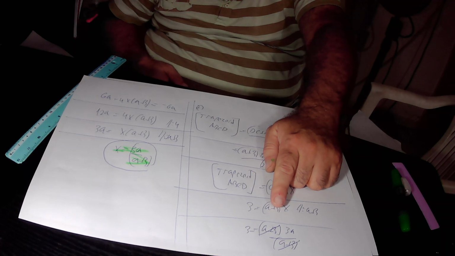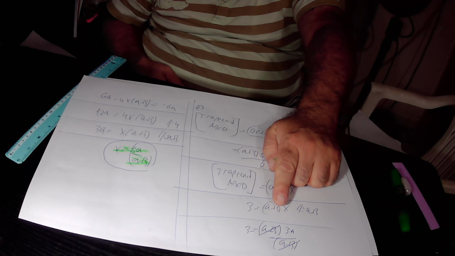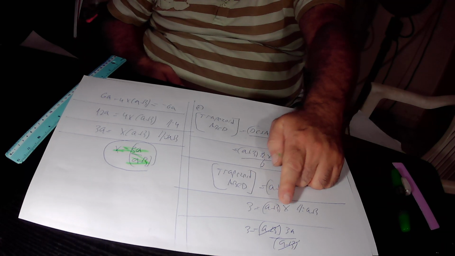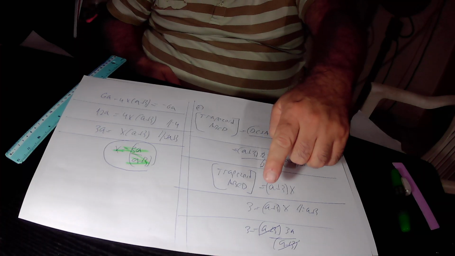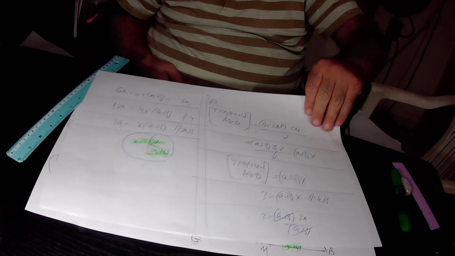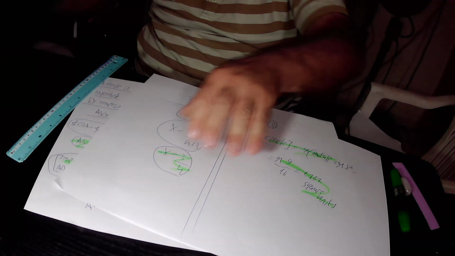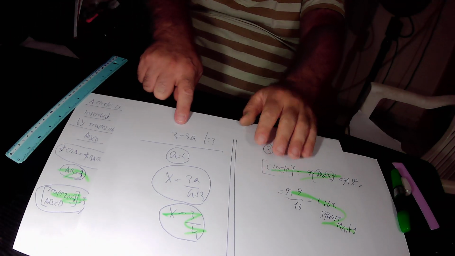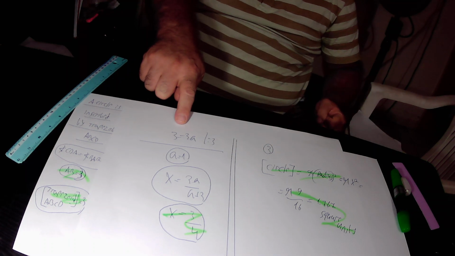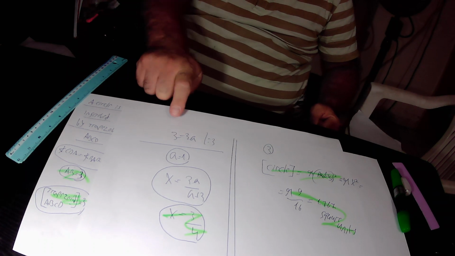We have a plus 3 in the numerator and a plus 3 in the denominator, so a plus 3 gets cancelled, and we are left with only 3 equals 3a. Here we divided this equation by 3, and found that a equals 1.